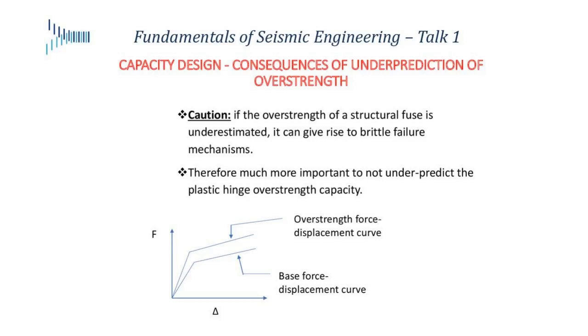So rather than your basic curve sitting here and designing cap beams and joints and everything else to stay elastic for this force level, you should have designed for this force level, because your structure is actually stronger by this much. Your fuses are stronger.